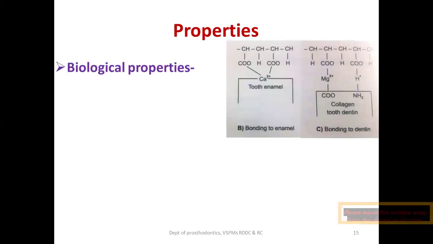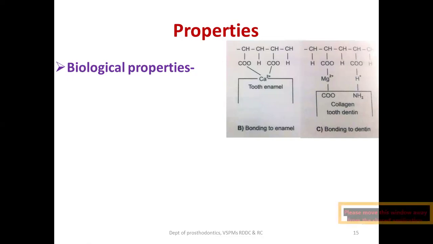Now let us come to the properties. The first important property is the biological property. It has good biocompatibility with the pulp. It is not irritant, as we have seen in the zinc phosphate cement. So the effect of the polycarboxylate cement on the pulp is very mild, and this effect is very similar to that we have seen in the zinc oxide eugenol cement.